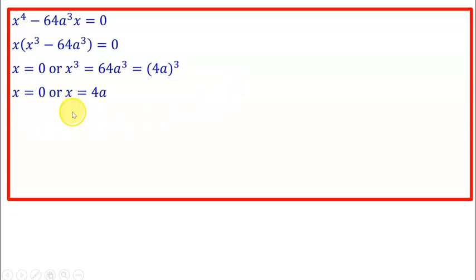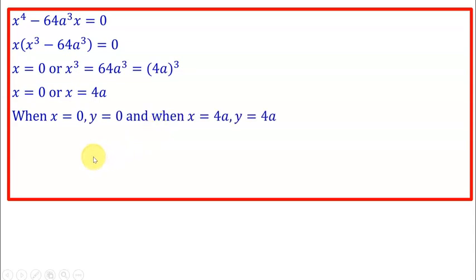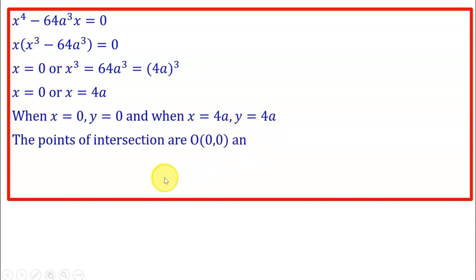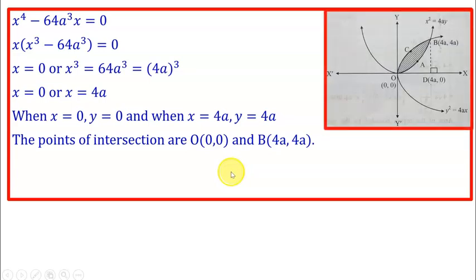Therefore x is equal to 0 or x is equal to 4a. When x is equal to 0, y is equal to 0, and when x is equal to 4a, then y is equal to 4a. Therefore the points of intersection of these parabolas are 0, 0, and another point B, which is 4a, 4a. You can see this here. The point of intersection B is 4a, 4a, and here 0.